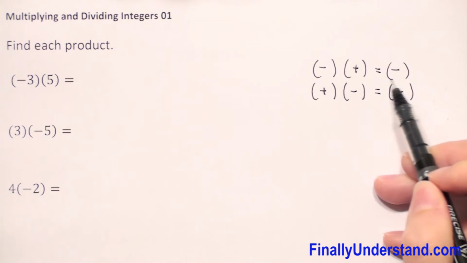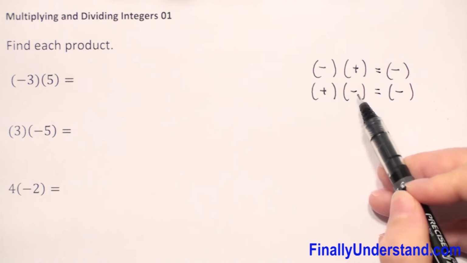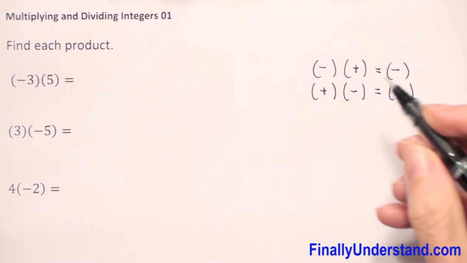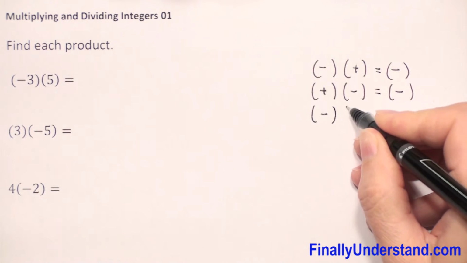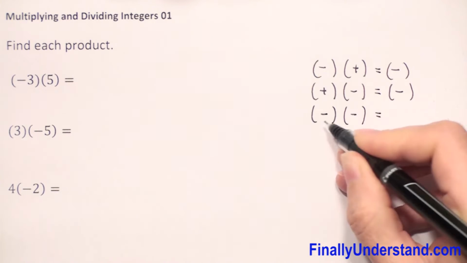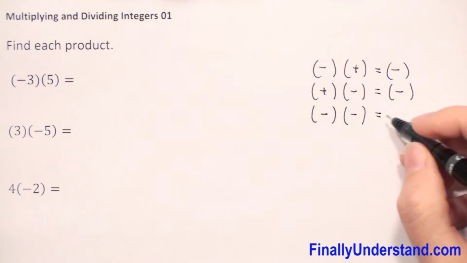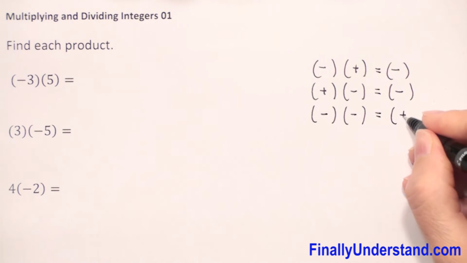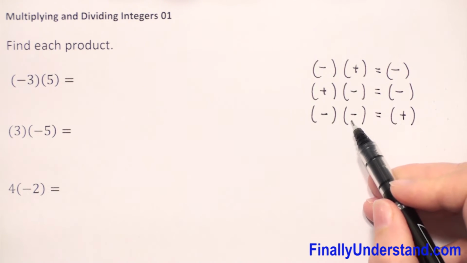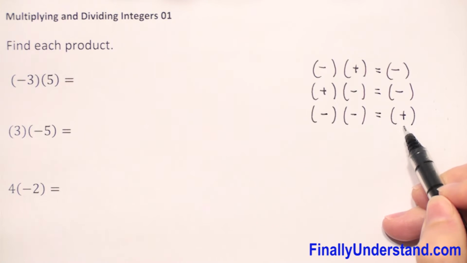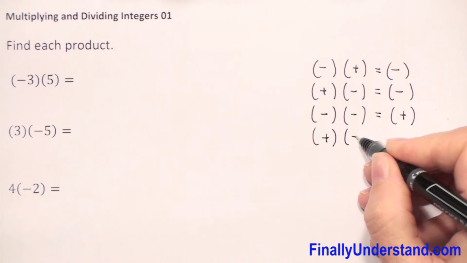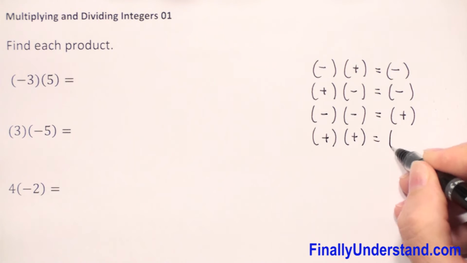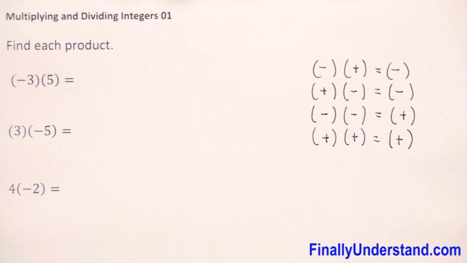Negative times positive gives me negative, and positive times negative gives me negative. And when we have negative times negative, these two negatives build one positive sign. So negative times negative gives me positive always. And of course, when we multiply a positive number times a positive, the answer must be positive.